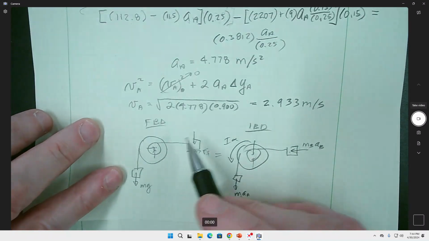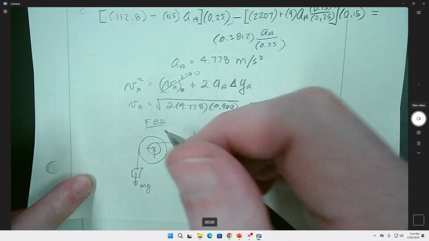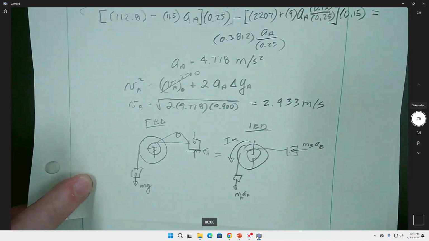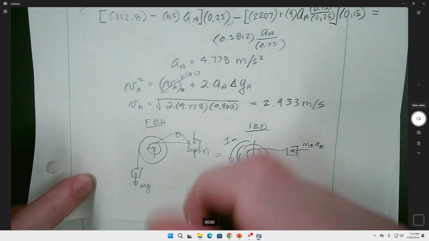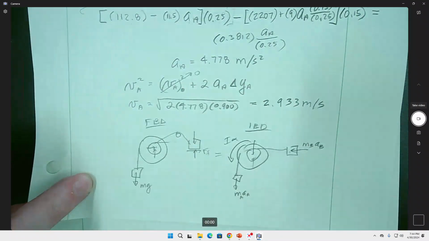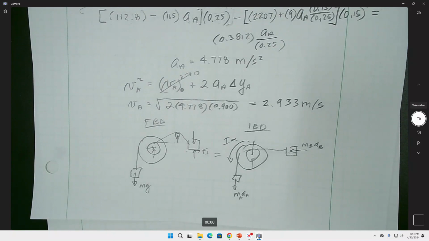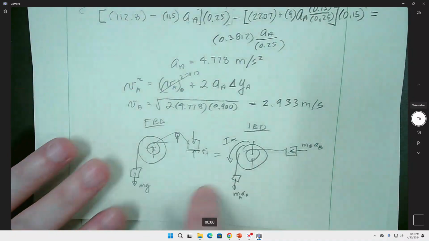So one instance is if for whatever reason this thing was going over a pulley. You couldn't do it because the pulley has a reaction force, and you don't know the reaction force. And so you have to do it there. But otherwise, what you have in this situation is just right.